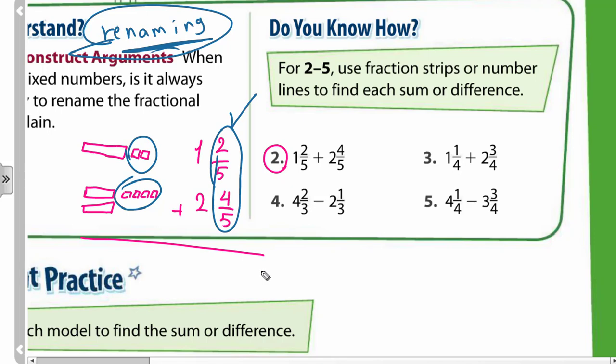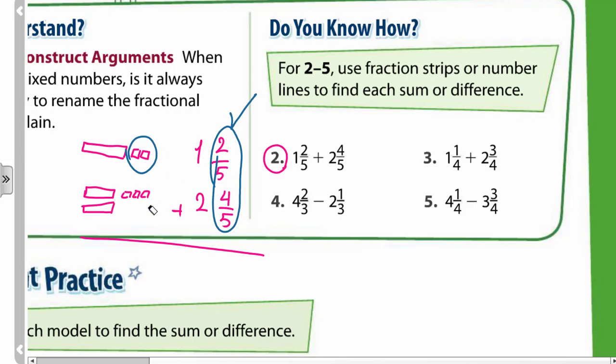This 4 fifths will be 2 plus 4. 2 plus 4 is 6. Yes, so my heroes, again, we add 2 fifths plus 4 fifths.